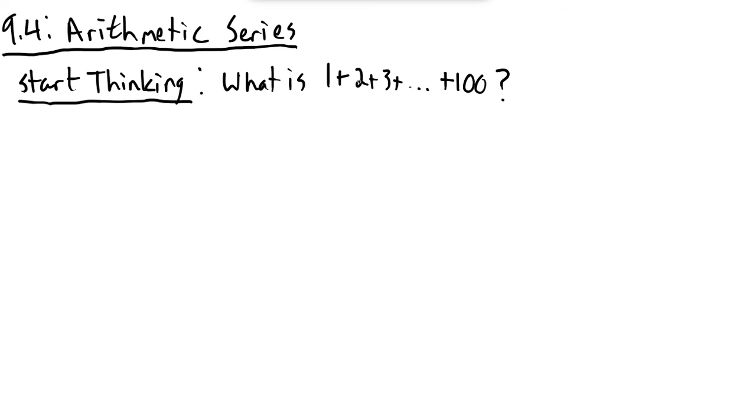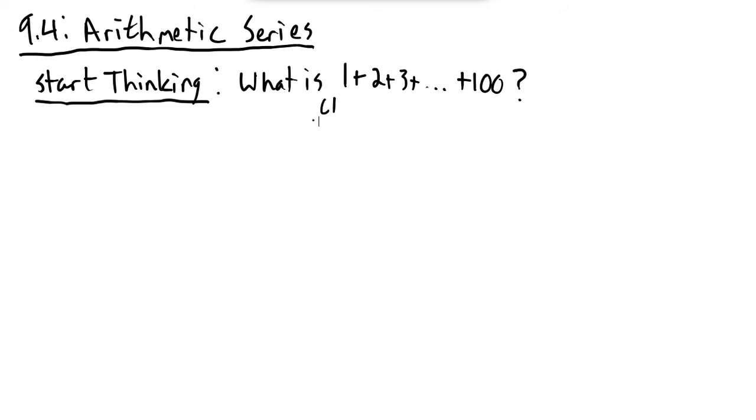What is 1 plus 2 plus 3 plus 4 all the way up to 100? Some of you may remember we talked about Carl Friedrich Gauss, one of the most famous mathematicians, who figured out a way to do this where you flip all the numbers and write them back out this way, 100 plus 99 plus 98 all the way back out to 1.